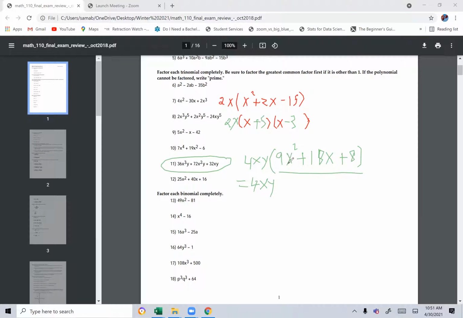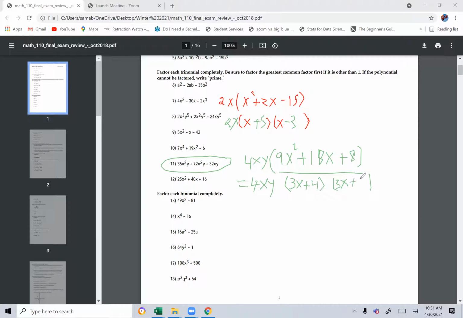When it's not 1x squared, it's ax squared, I could do trial and error and try to figure this out. So split up the 9x squared into 3x and 3x. And two numbers whose product is 8, because the two numbers toward the end have to give me a product of 8. I'm going to try 4 and 2 and see if it works.